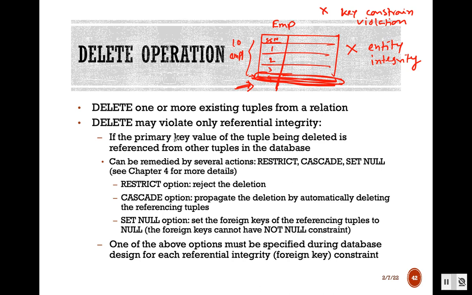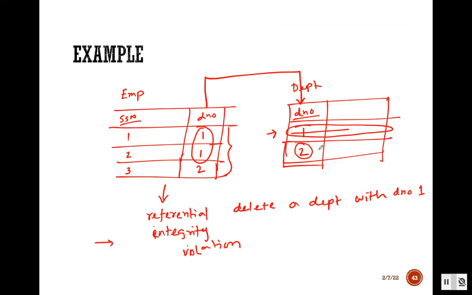So a delete operation can cause a referential integrity violation if the primary key value of the tuple being deleted is referenced by other tuples in the database. If I'm trying to delete a record whose primary key attribute is being referenced by another table in the database, that will create a referential integrity violation.